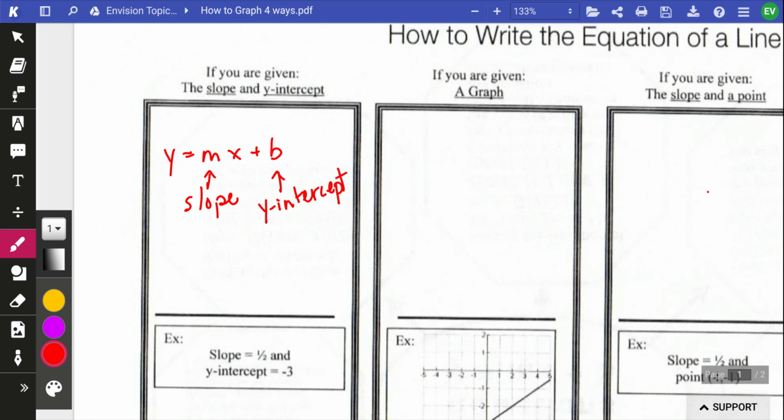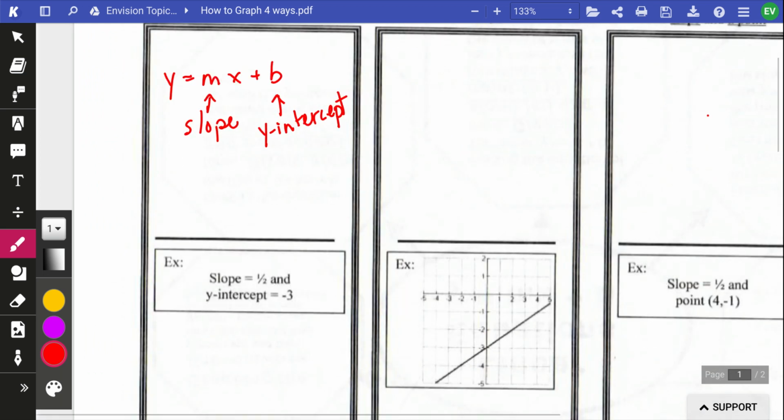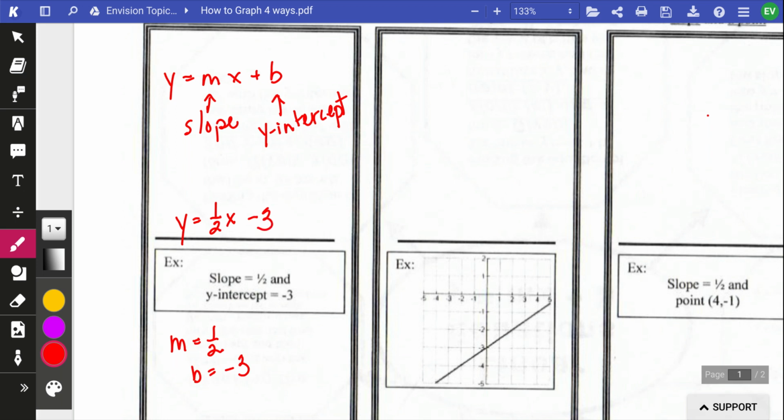In this case, we have a slope of 1/2, so m equals 1/2. The y-intercept is -3, that means b is -3. So all we do is throw those numbers into our equation, and we write y equals 1/2 x minus 3. Simple as that.